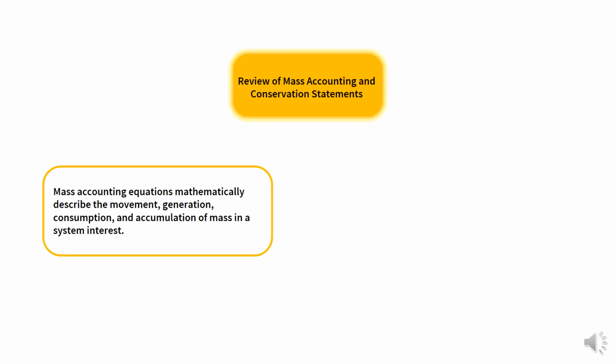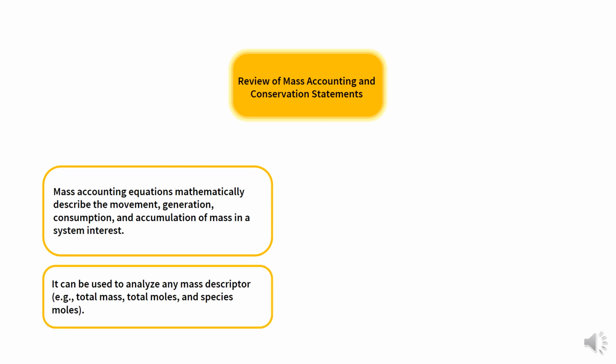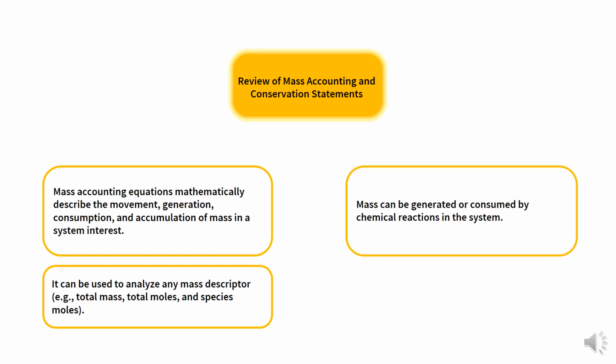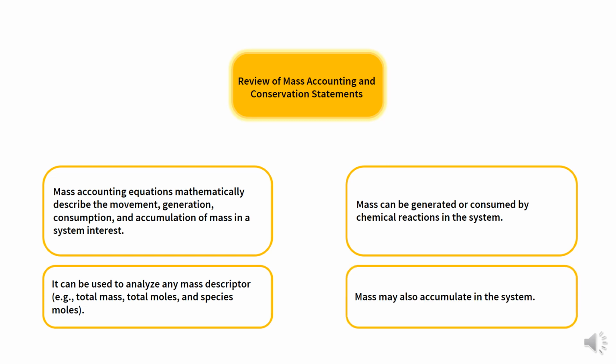Mass accounting equations mathematically describe the movement, generation, consumption, and accumulation of mass in a system of interest, and can be used to analyze any mass descriptor such as total mass, total moles, and species moles. Mass can be generated or consumed by chemical reaction in the system, and may also accumulate in the system.